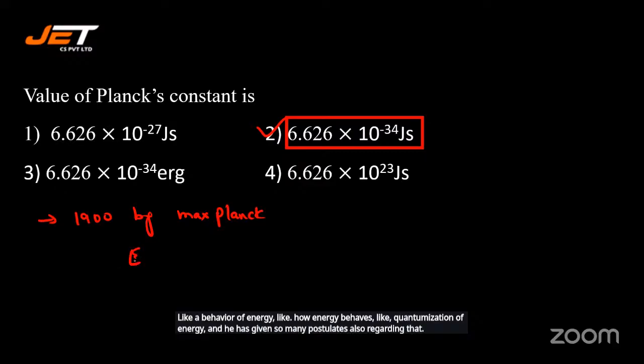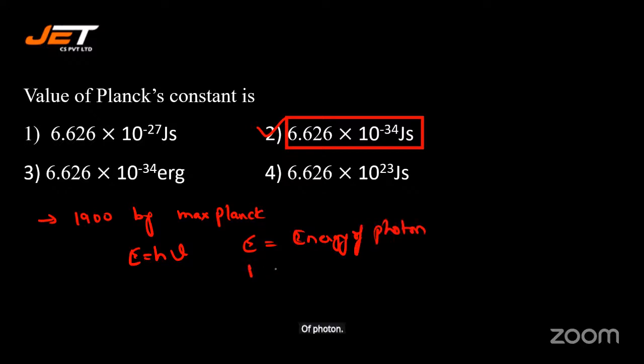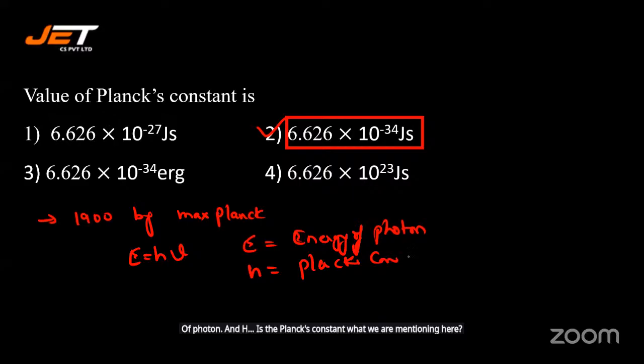In the due process, he has mentioned a wonderful equation, that is E is equal to h nu, where E is the energy of photon, h is the Planck's constant which we are mentioning here, and nu is the frequency.